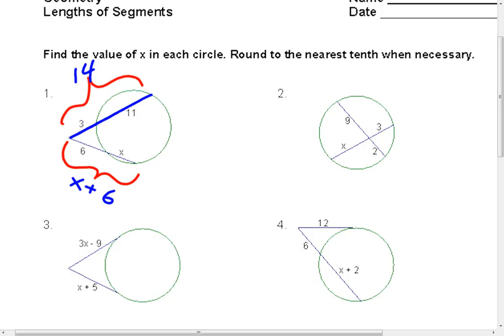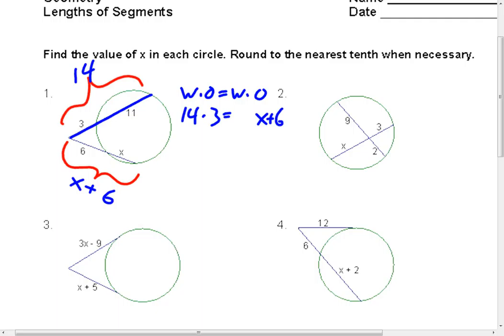Now I have something that I can use for which of my rules? What's my rule? Whole times outer, whole times outer. 14, what's the outer for the 14 secant? 3. x plus 6. I'm going to write it as if it was distribution.